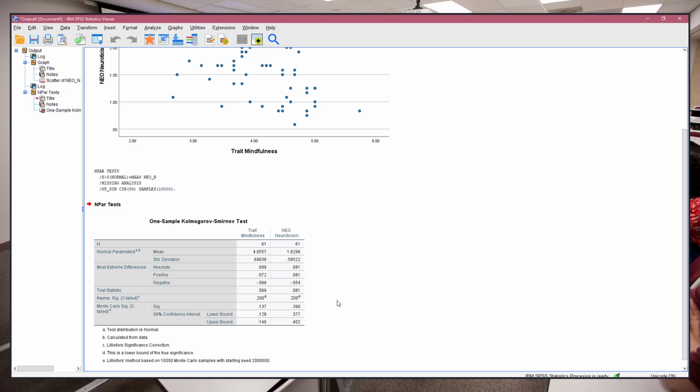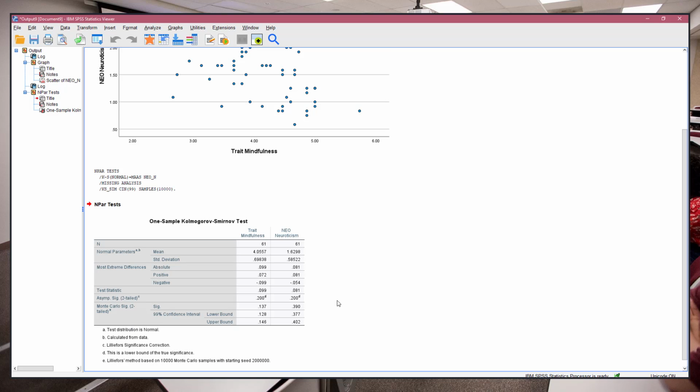Okay, and the final thing that we're going to want to do is assess whether or not we meet the assumption of homoscedasticity, which suggests that there's equal variance in terms of our prediction errors around the line of best fit.